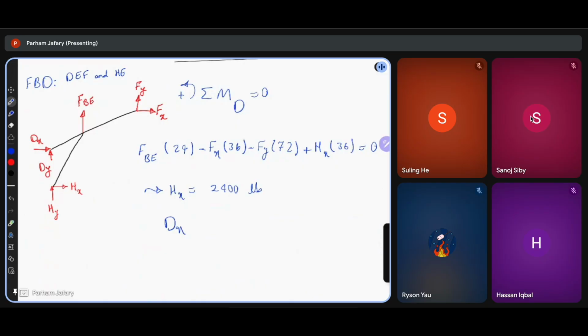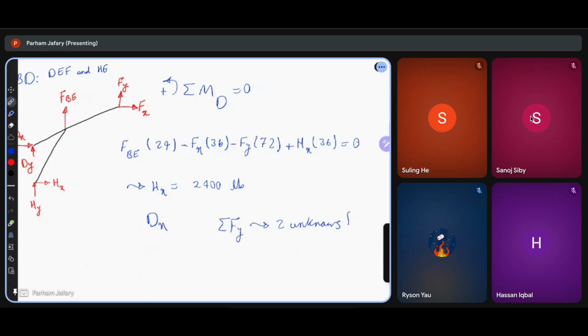So even if I have Dx, I still don't have Dy. And in sigma F of y, I have two unknowns, which are Hy and Dy. So what should I do here?